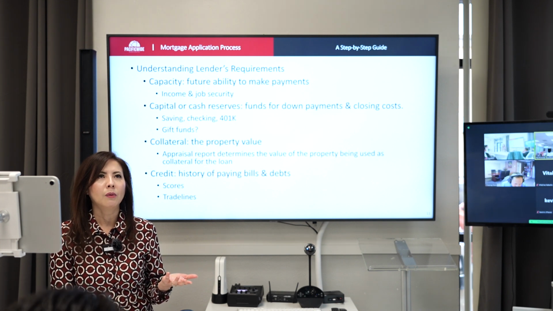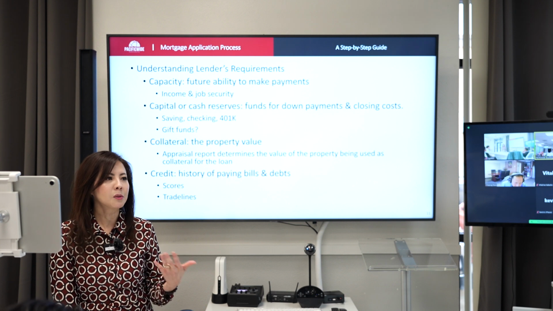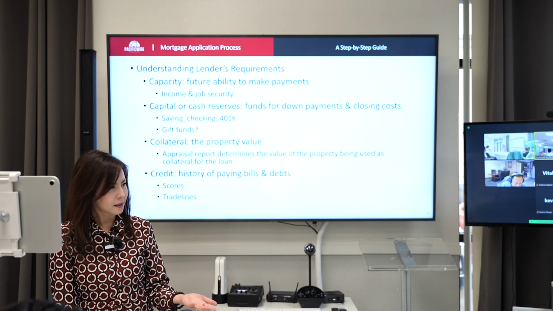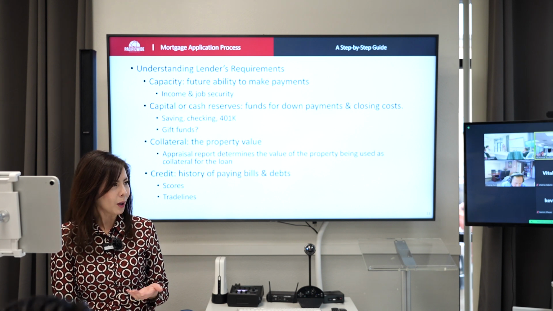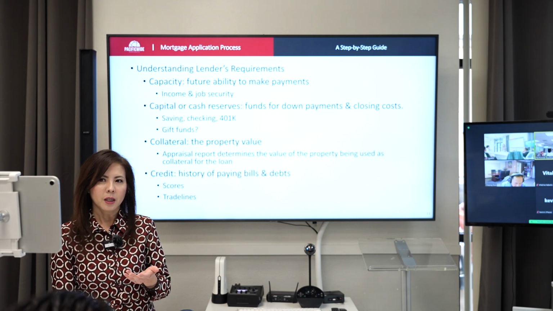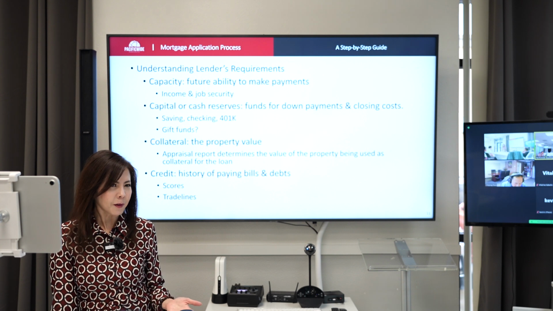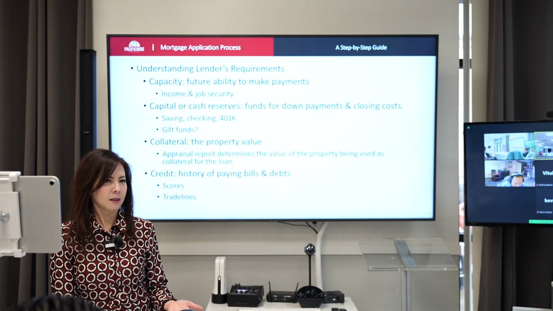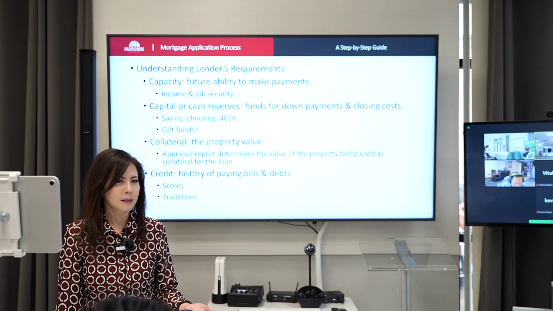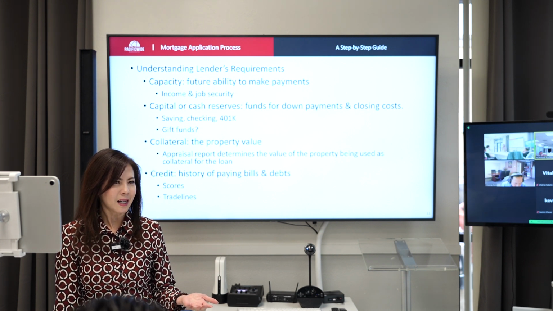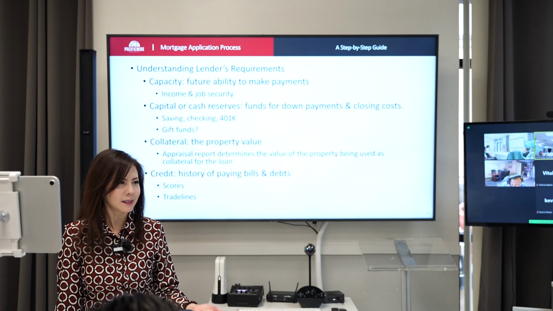They want to know if this person is responsible for his debts. Is he paying everything on time, or is he always late? And also, somebody who maxed out everything, is this a good borrower? Because it looks like he spent every penny he has.